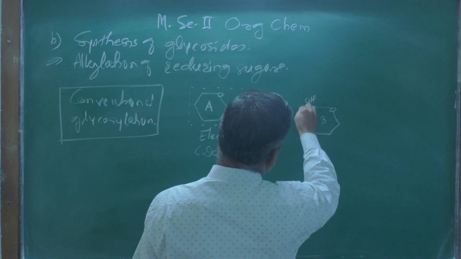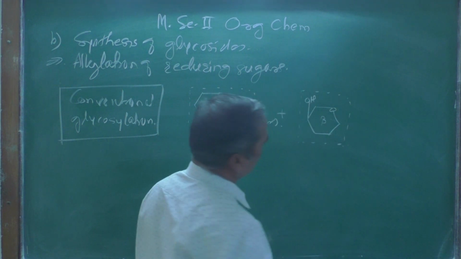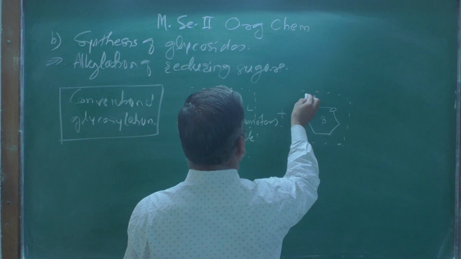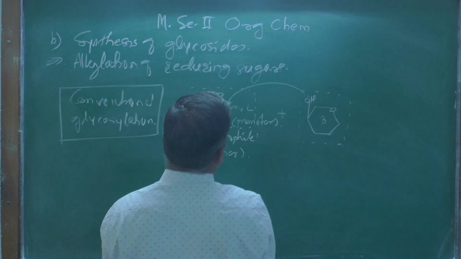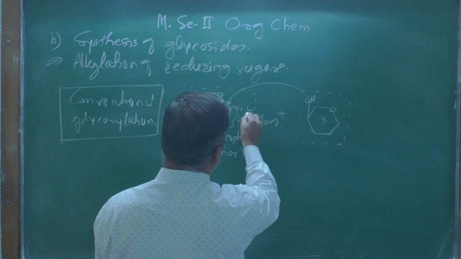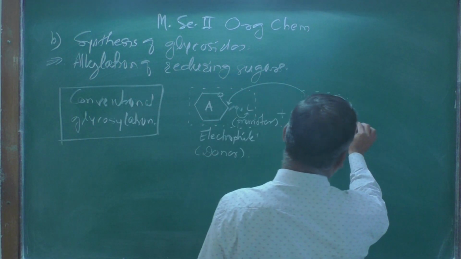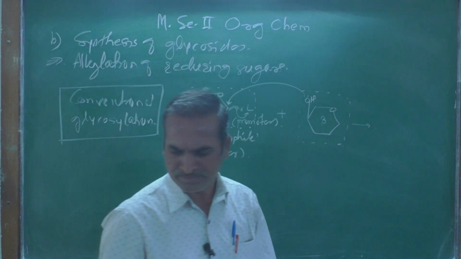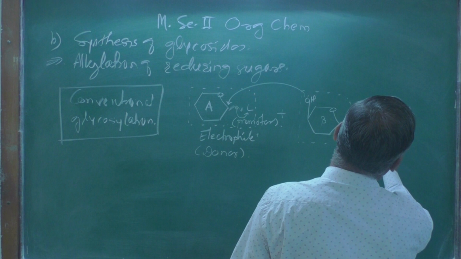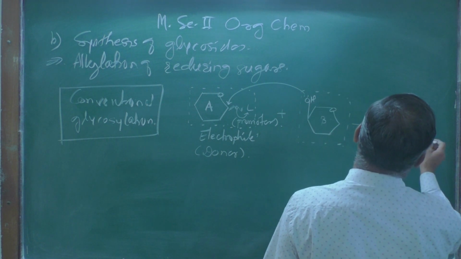Now the lone pair is going to attack that carbon atom, there is a departure of the leaving group, and the bond will be formed here, this O.